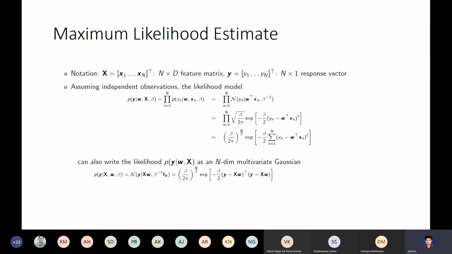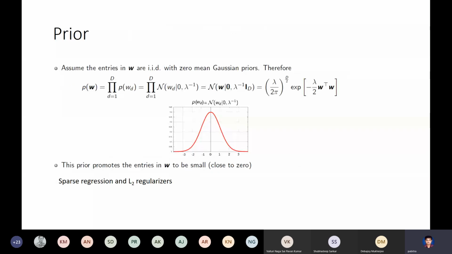Okay, but we are not satisfied with the point estimate. We are not satisfied with only the likelihood. We are also interested in the prior. We are interested in likelihood into prior. All right. So let us assume some prior. What the prior says is how the value of W changes. So let us assume some particular type of prior.